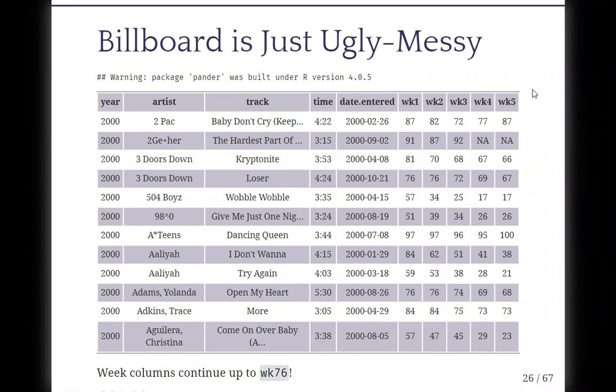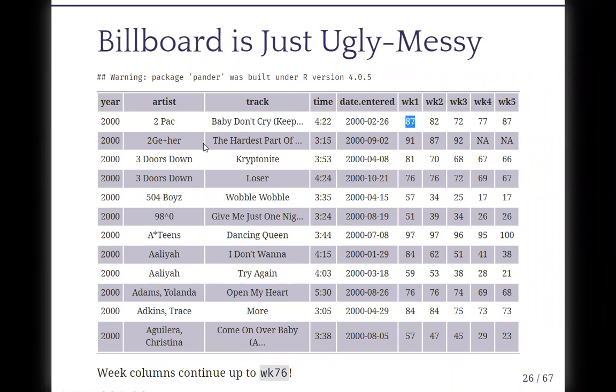But one thing to note about this data set is that week 1 is relative to the week that it entered the Billboard Hot 100. So that means week 1 at rank 87, when Tupac's Baby Don't Cry entered the Billboard Hot 100, they're talking about the 4th week of February in this cell.